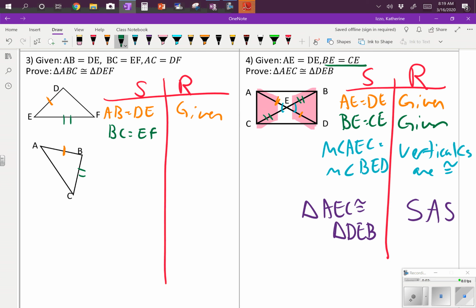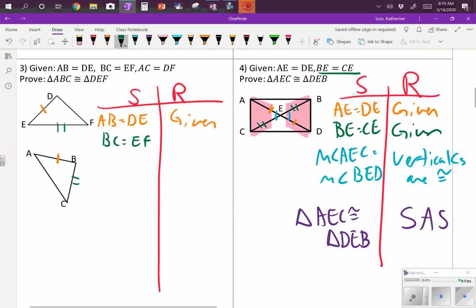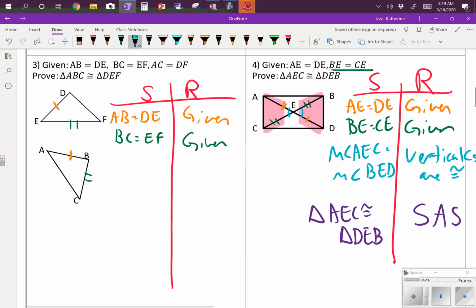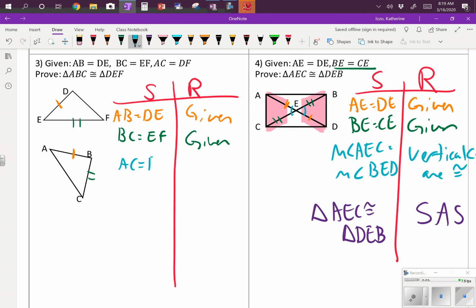So BC equals EF, which means this is not just a quick little rotation. Looks like it was a reflection and something else. So that's given. And then AC equals DF.